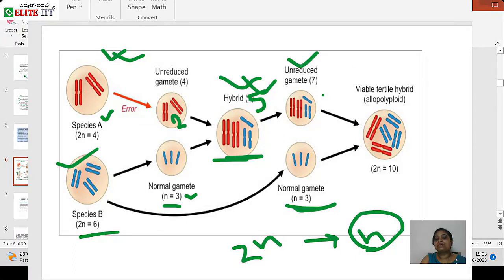Now if hybridization happens between these two, there will be a combination of these two: 7 plus 3, that is a total of 10. So this gives you a viable fertile hybrid with a total of 10.